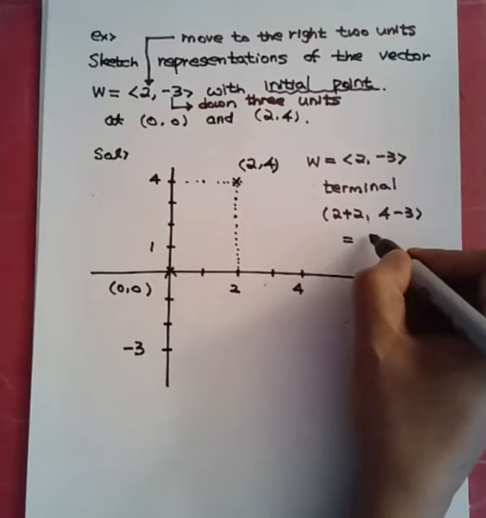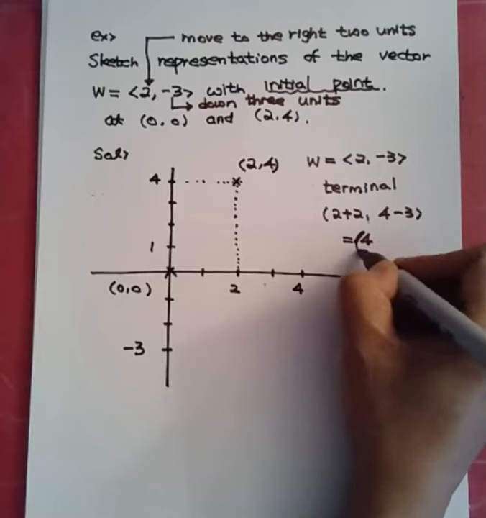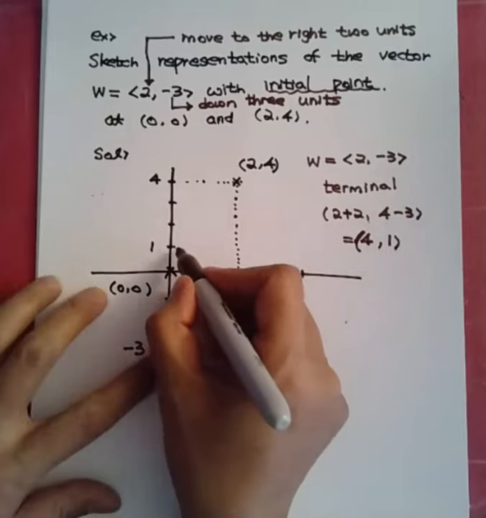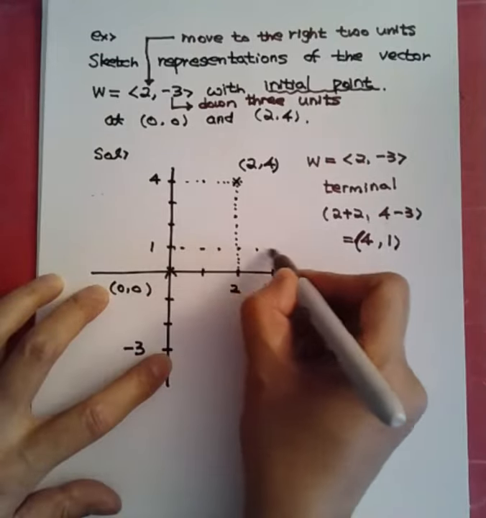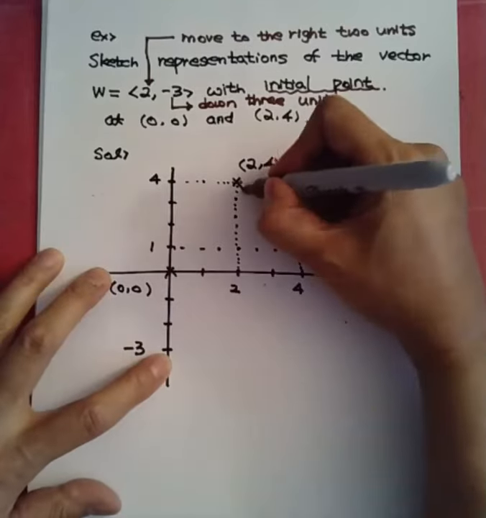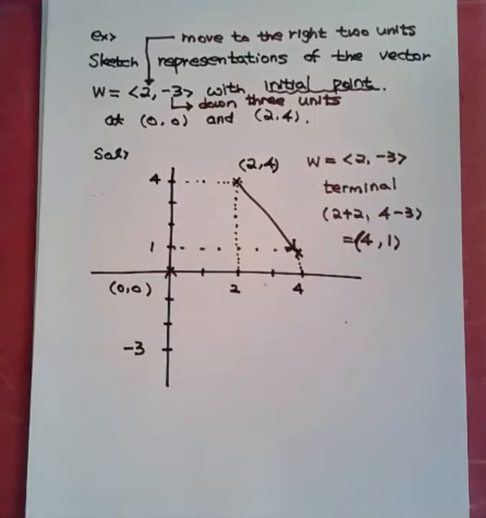So the terminal point will be (4, 1). So this is the terminal point, and the vector looks like this.